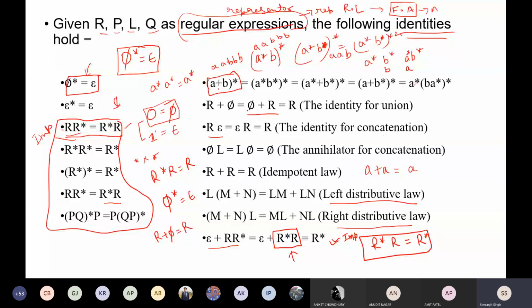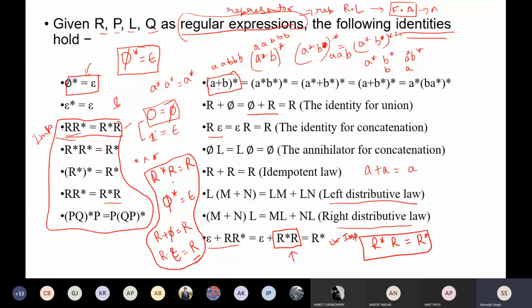So placement can be anywhere. So phi can also come first, after that r can come. Or another important one is when r is concatenated with epsilon, it becomes r. Okay. So these are mainly four regular expressions whose applications are mostly seen. Okay, so keep these four regular expressions in mind.